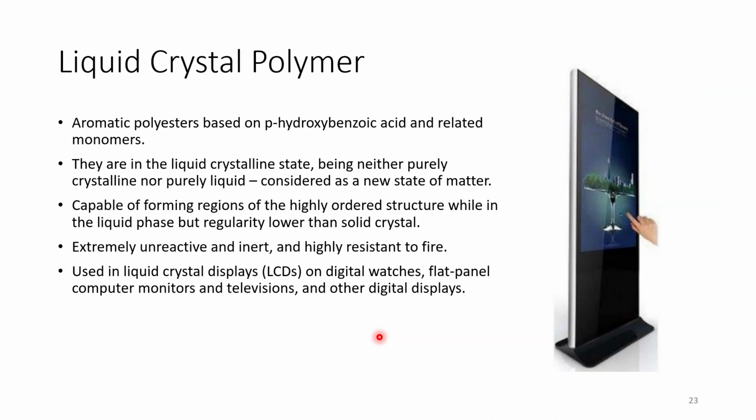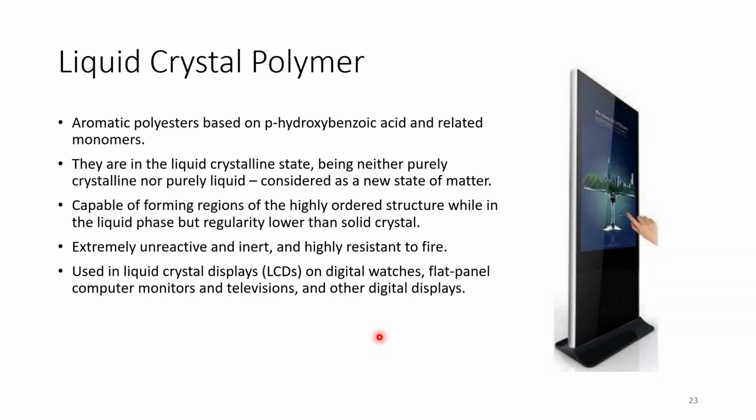Next is liquid crystal polymer. In case of aromatic polyester based on p-hydroxy benzoic acid and related monomers, these are in the liquid crystalline state, being neither purely crystalline nor purely liquid, and it is considered a new state of matter.